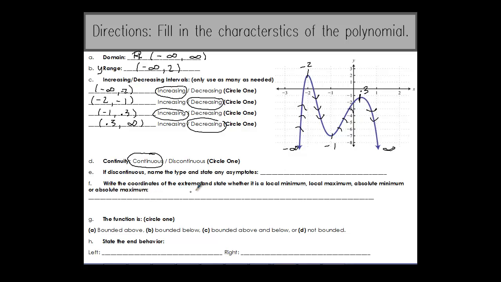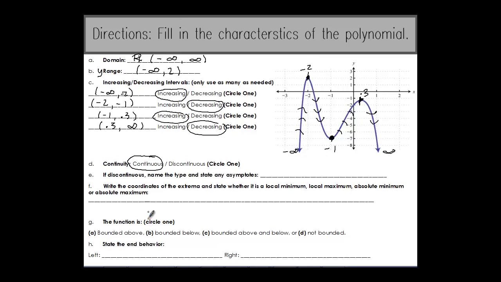The next thing is to write the extrema and label whether they are local or absolute. My absolute max happens at my very highest point, which is up here at negative 2, positive 2. My local max is my other maximum point.